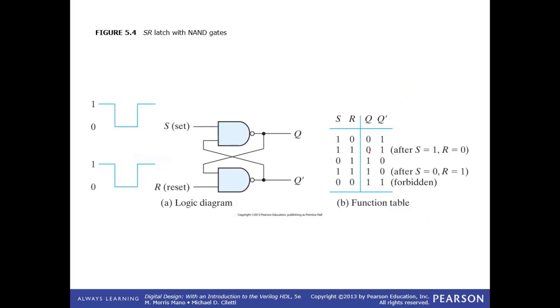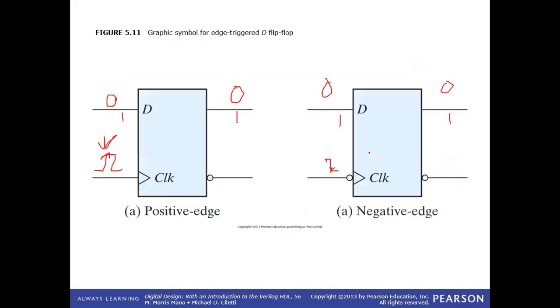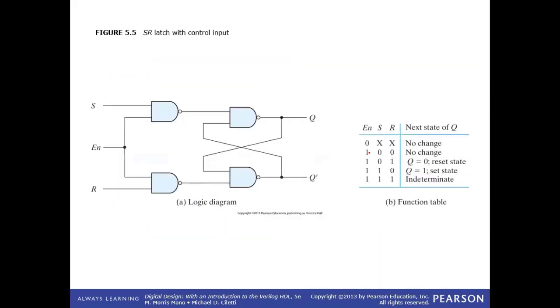But what is the difference between the SR latch and the flip-flop? What's the major difference between the flip-flop and the latch? Can you repeat the question, what is the difference between the SR latch and the flip-flop?